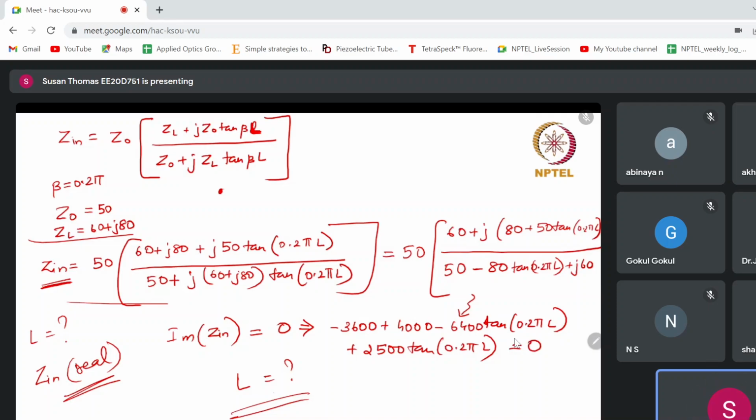Once you do that, you get tan 0.2 pi L is equal to 0.1025. From that, L is 0.1625 meters.